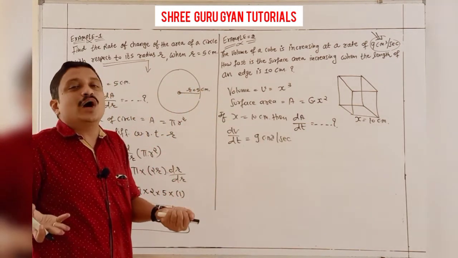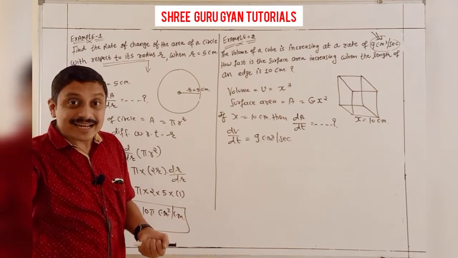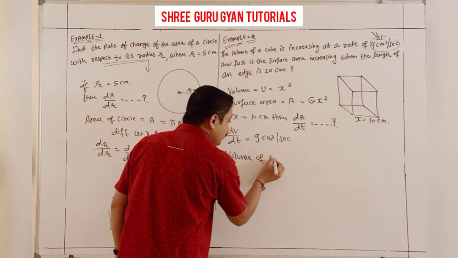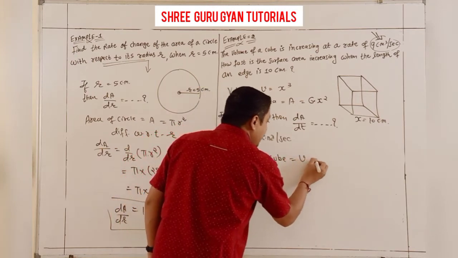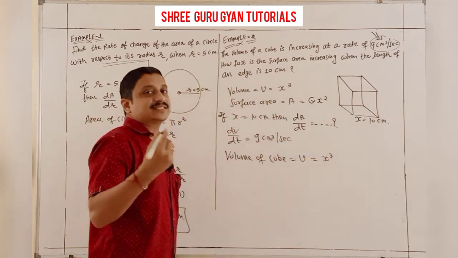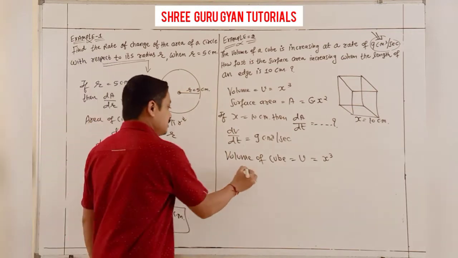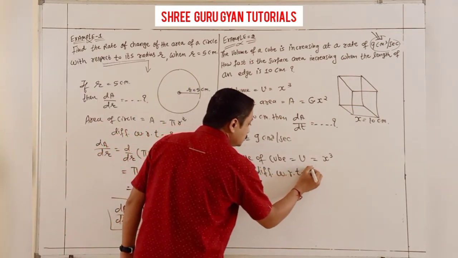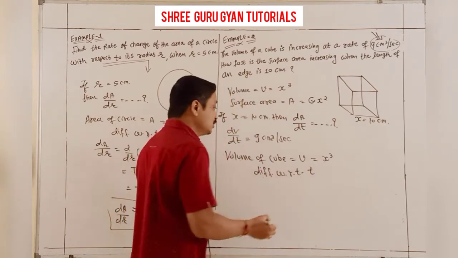Now I start with the volume. The volume of a cube, which is V equal to x cube, and start to differentiate with respect to t. Differentiation with respect to what? With respect to t.